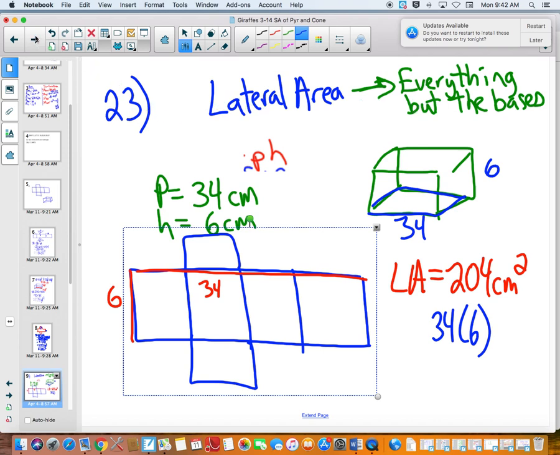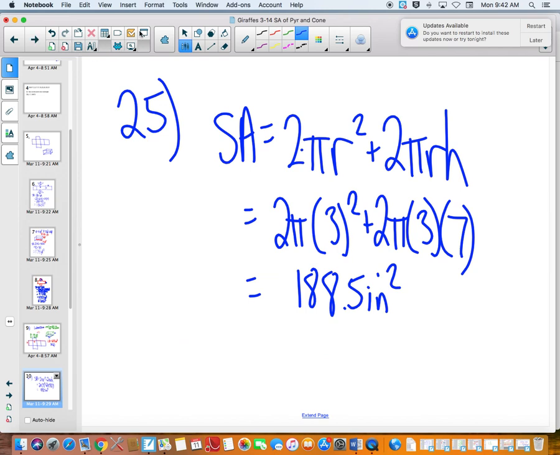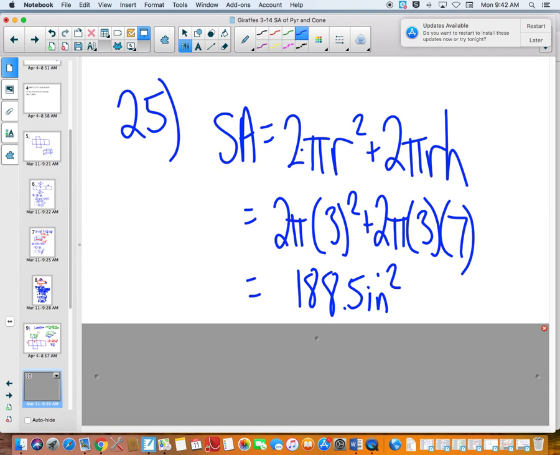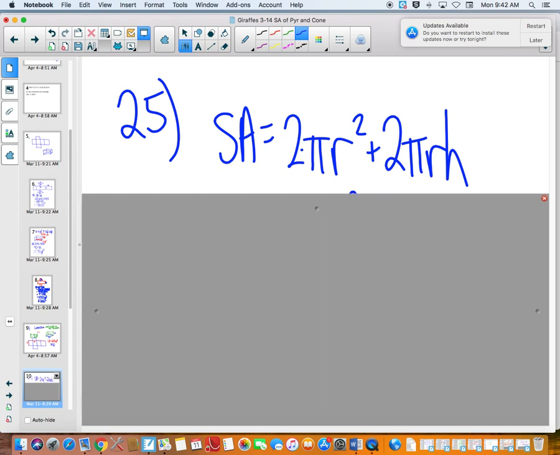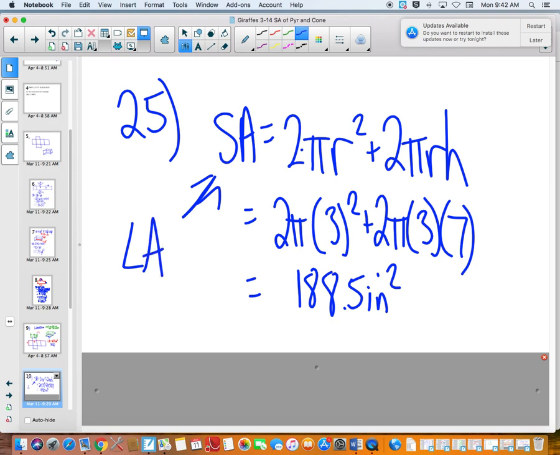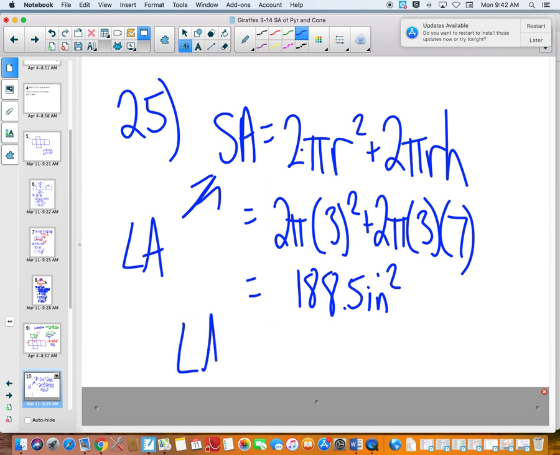Okay, next we go to question 25. 25 is an interesting one because they ask you to figure out what's wrong. We started with the surface area formula, but what you hopefully noticed right off the bat is that they actually didn't ask for that. They wanted the lateral area. So what we have to remember is, what do we need to eliminate to just get the lateral area? The lateral area of a cylinder would just be 2 pi r h.